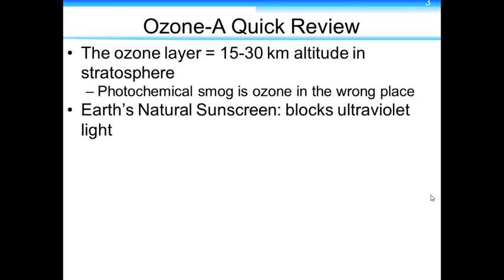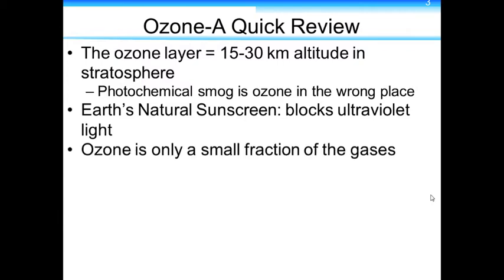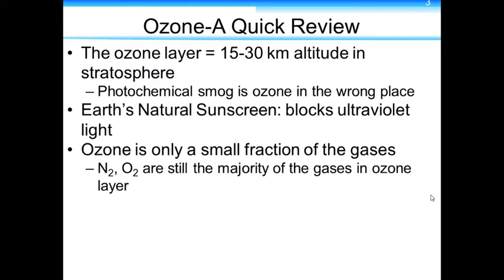The ozone layer is our protection from dangerous ultraviolet radiation. Ozone is really not a significant gas in terms of concentration in our atmosphere. Nitrogen and oxygen are much more predominant.